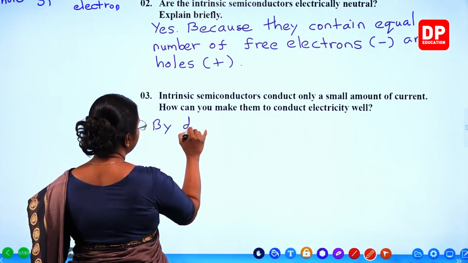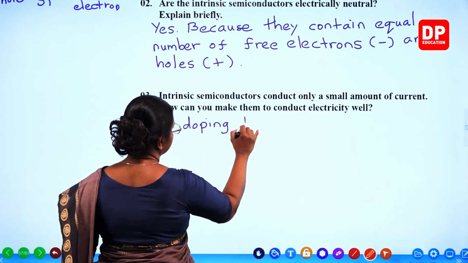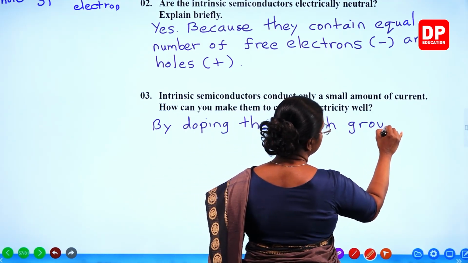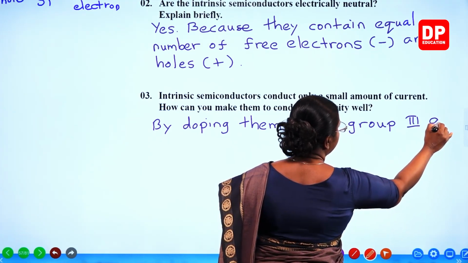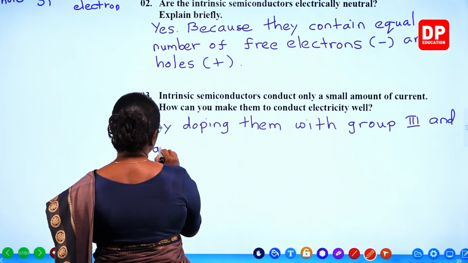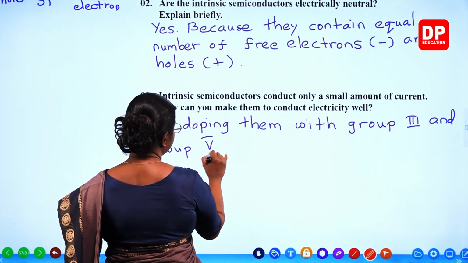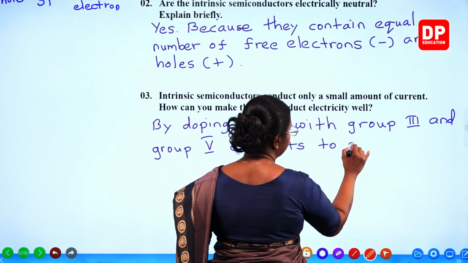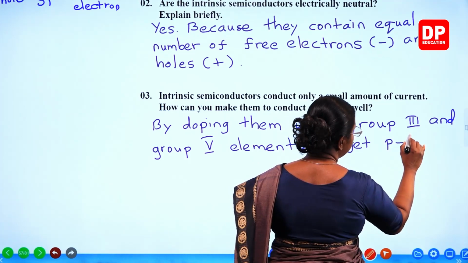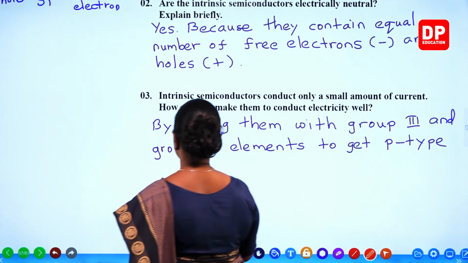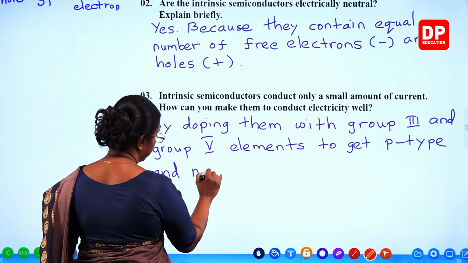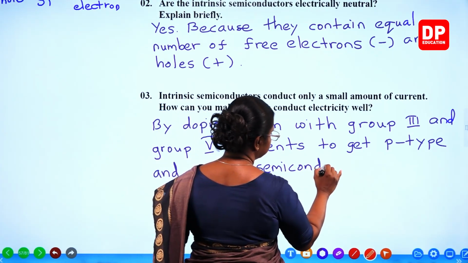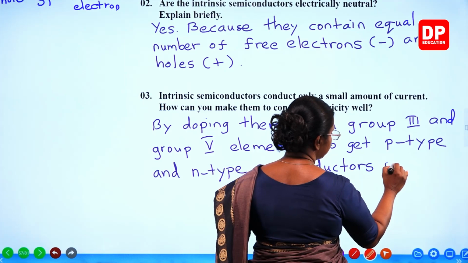By doping them with group 3 and group 5 elements to get p-type and n-type semiconductors respectively.